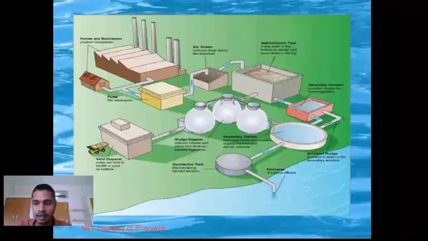Based on the incoming effluent and the end use of the waste effluent, the processes are designed to cater for those needs. Units include the sedimentation tank, secondary aeration unit, clarifiers, anaerobic digesters, disinfection tank, etc.